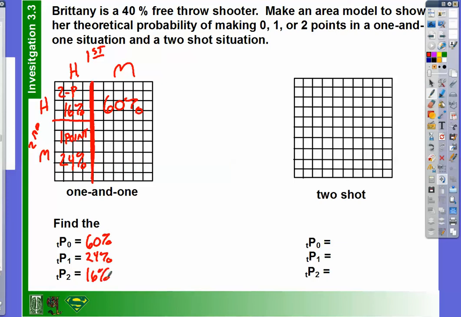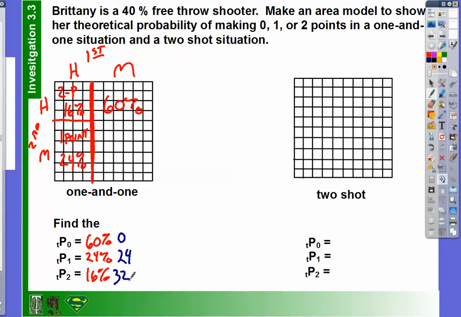So let's look at expected value really quick, shall we? So if I get 0 points 60% of the time, that's going to net me 0 points. If I get 1 point 24% of the time out of 100 trips, that's going to give me 24 points. If I get 2 points 16% of the time out of 100, I'm going to end up with 32 points, because 16 times 2 is 32.